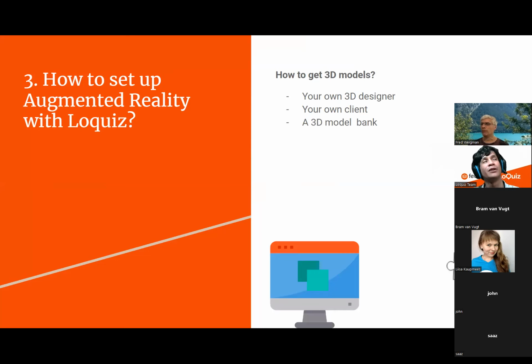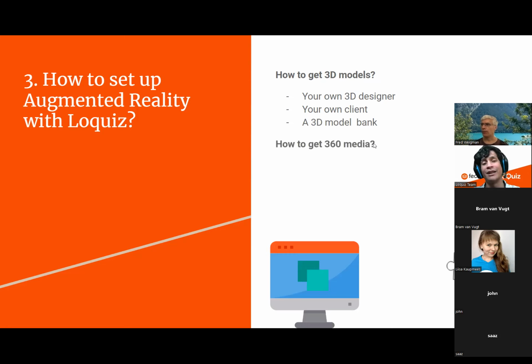It can take quite a lot of time and resources to build your own. So this is why I advise you to use a 3D model bank, just like I showed you. Or you can ask your client. Like I said, if your client is BMW or Peugeot, you can ask if they have a GLTF version of the 3D models of their cars, so that you can implement them in the events that you will provide your client with.